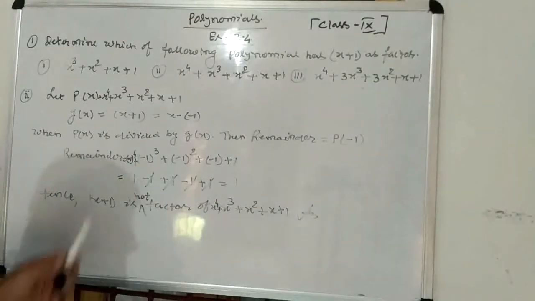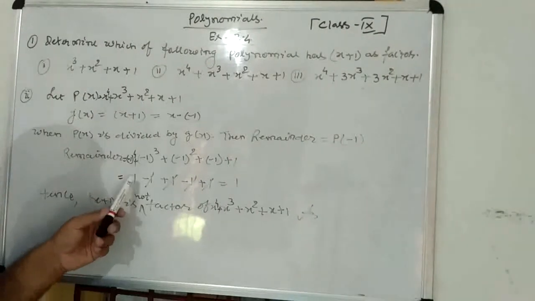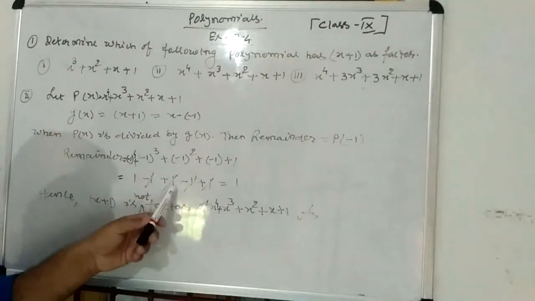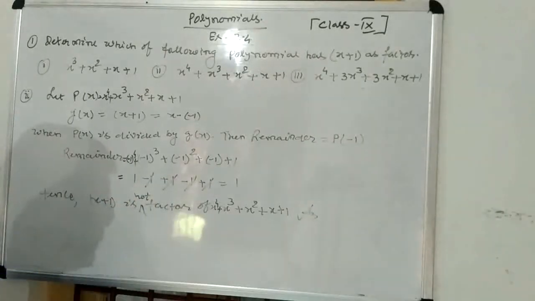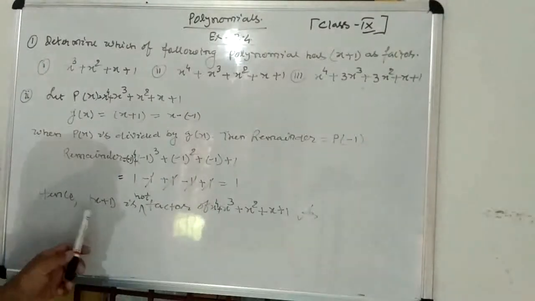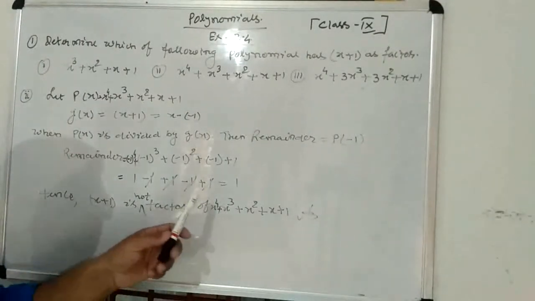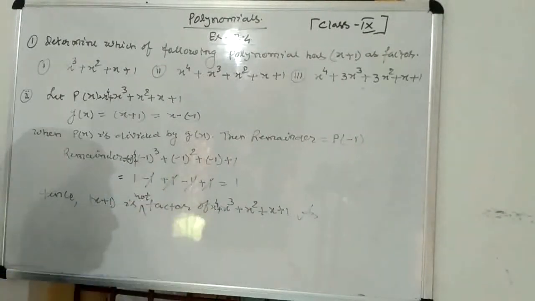When you simplify it, minus 1 whole to the power 4 will be 1. It will be minus 1, plus 1, minus 1, plus 1. When it is cancelled, then it is equal to 1. And so x plus 1 is not a factor of x to the power 4 plus x cube plus x square plus x plus 1. And hence your solution completes.